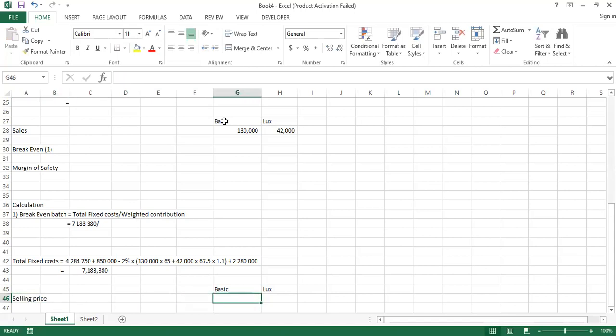So we have the selling price here. So consistency again, take the amounts that you used there. 67.5 times 1.1. So we are taking the same amounts there. You need to always make sure that your rate is consistent.